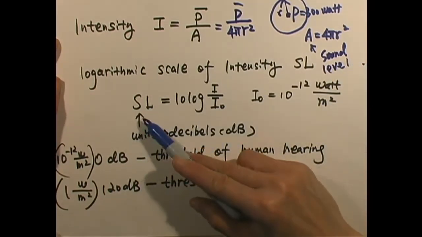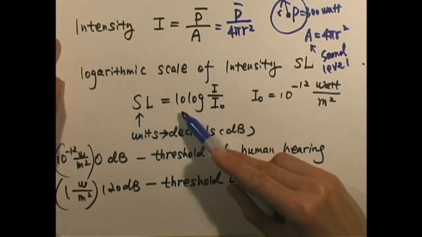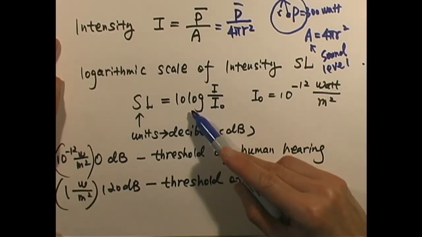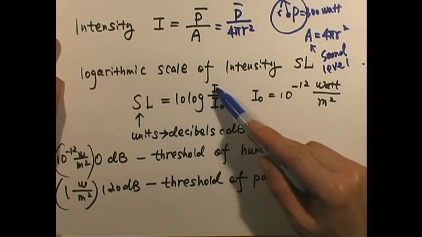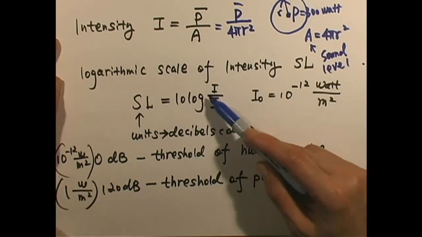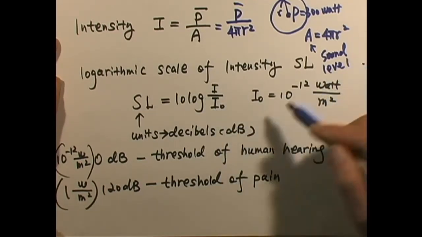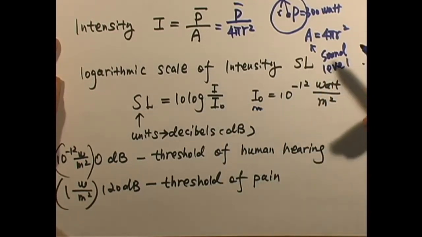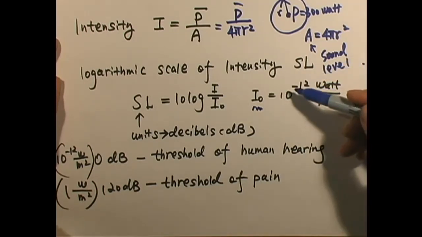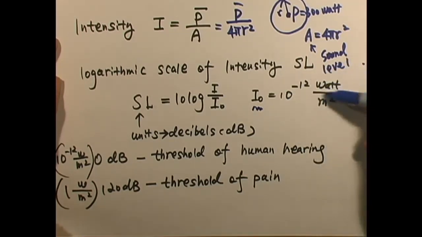Sound level is mathematically defined as 10 times the log base 10 of the intensity of the sound at that location divided by a reference intensity. The reference intensity I naught is chosen as 10 to the negative 12 watt per meter squared.